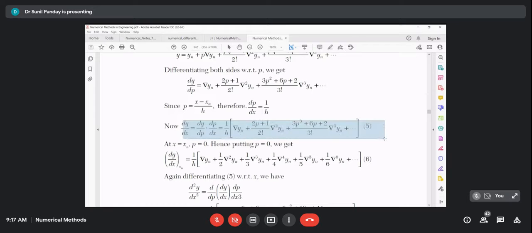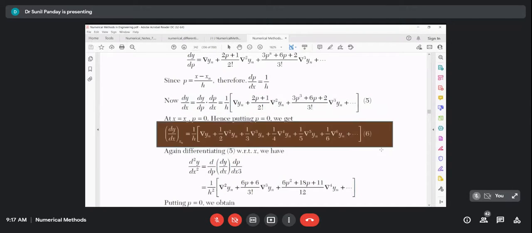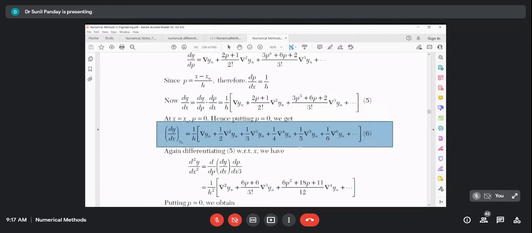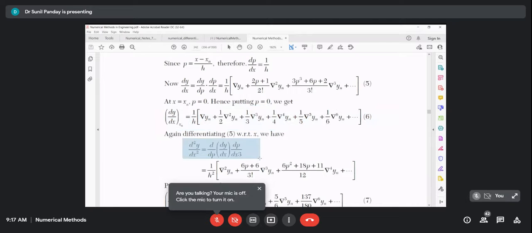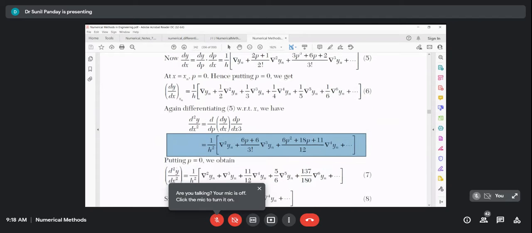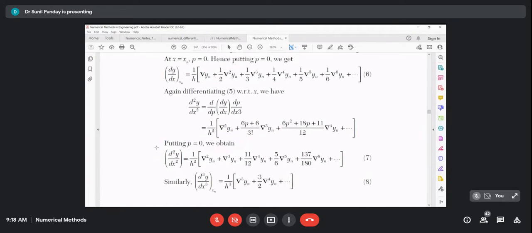When you substitute p equals 0 in 5, you will get this as a formula to calculate the derivative at the last point. Similarly we can use the chain rule again to calculate the second derivative, and the second order derivative at the last point, when p equals 0 or x equals xn, is given by this formula.